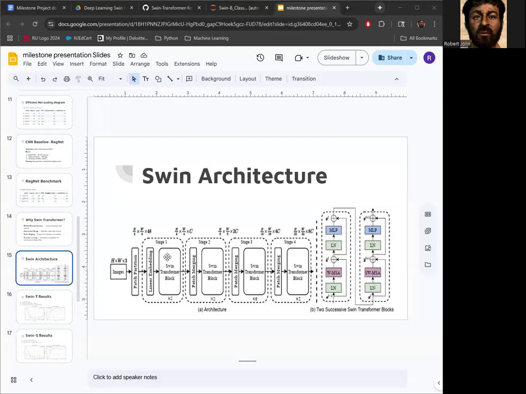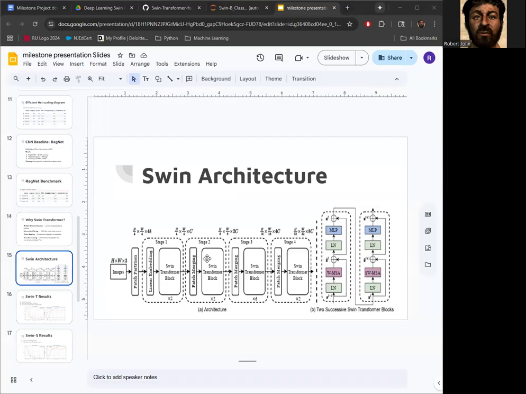In stage 1, right here, you see the input of H/4 × W/4 × C passes through multiple Swin transformer blocks. Each block uses shifted window attention to capture local context efficiently.